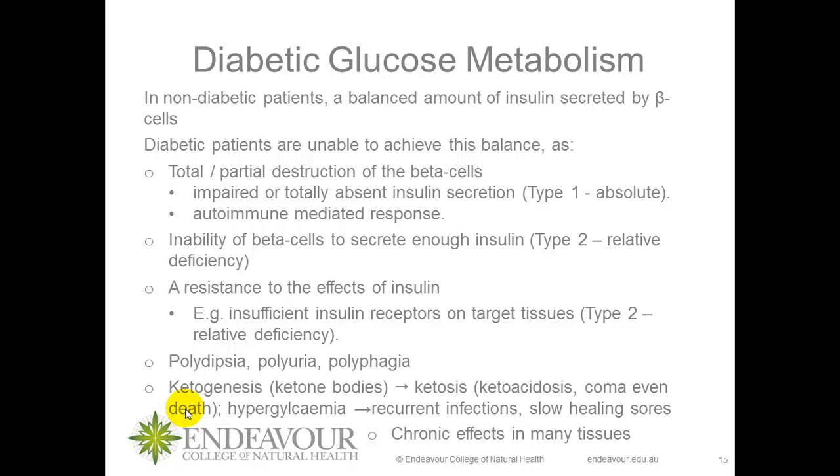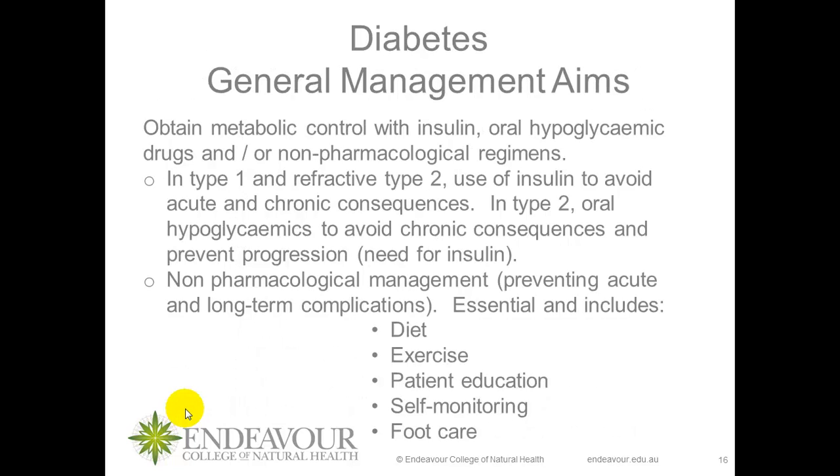We'll see that in addition to these metabolic crises, such as the metabolic acidosis, there are also some very chronic long-term effects of having high levels of blood glucose. The person gets recurrent infections from the amount of glucose in their tissues. Their sores heal so slowly. It produces many chronic effects in the tissues, and we'll see that these effects are either at the microangiopathy level or macroangiopathy level, at the level of small blood vessels and large blood vessels, both arteries and veins.